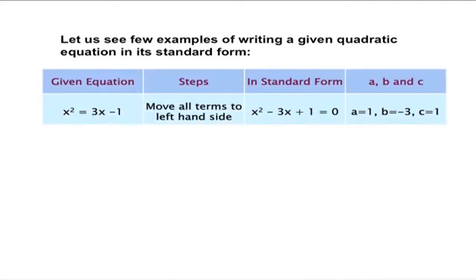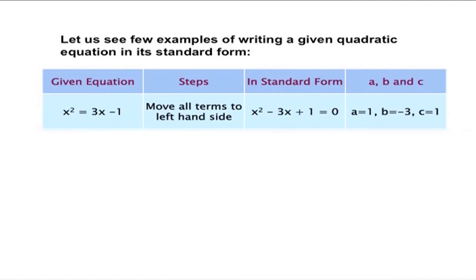First equation is x² = 3x - 1. Now the steps: move all terms to the left hand side and you will find its standard form is x² - 3x + 1 = 0.